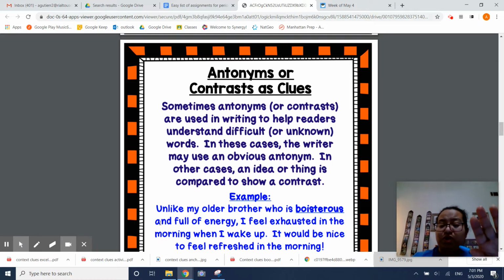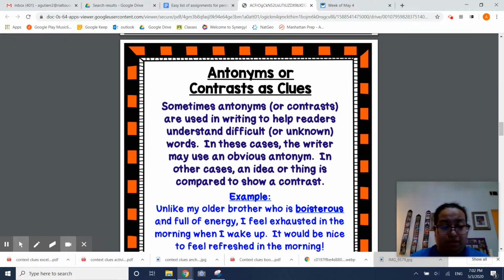Now we're going to switch this question. You're not going to write down your guess yet. Instead, what is the clue in the text that tells us what is the opposite of boisterous? Now, what does boisterous mean? What is the clue in here that helps us figure out the meaning of the sentence? Okay.